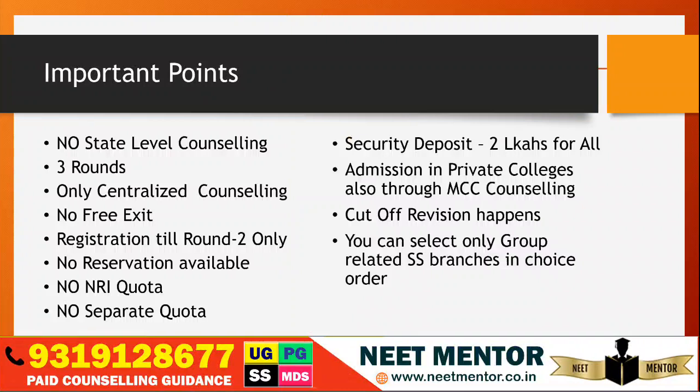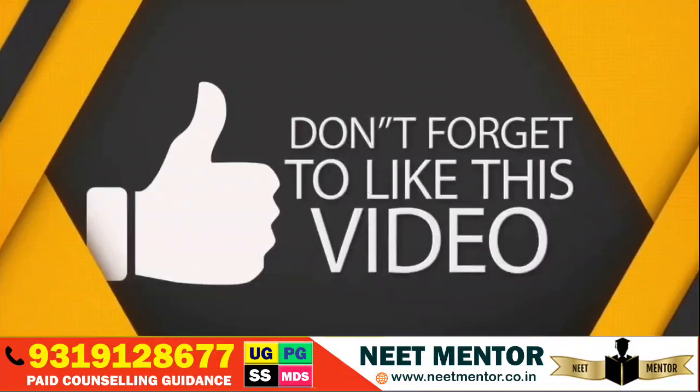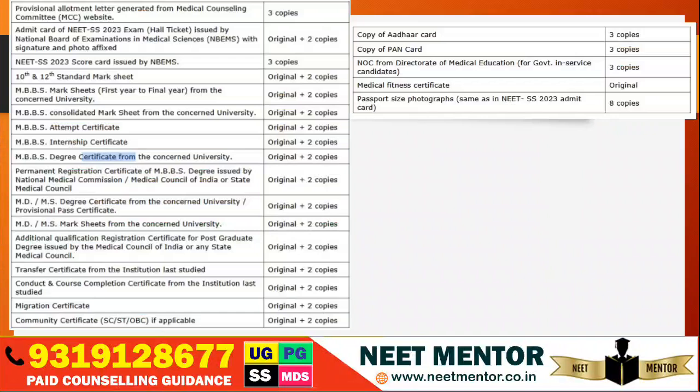Now coming to the documents. The provisional allotment letter, when you get the allotment generated, is the most important part. You need to keep your admit card also, don't lose it. Keep it in some Google Drive or take a hard copy of it. Just email it to yourself in draft version.